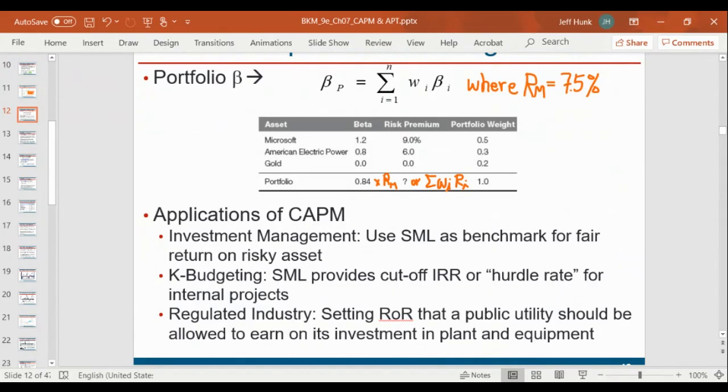It may not be accurate in the short run. CAPM is not a short-run forecast model. It's an equilibrium long-run forecast model, right? And equilibrium is hard to come by.